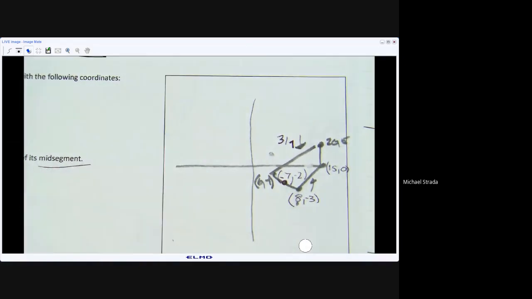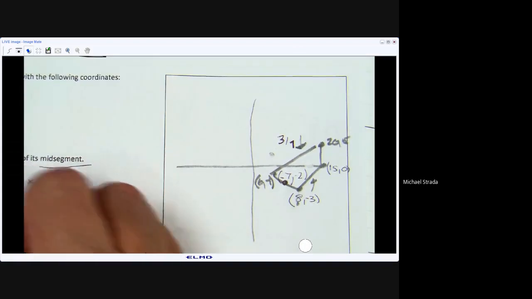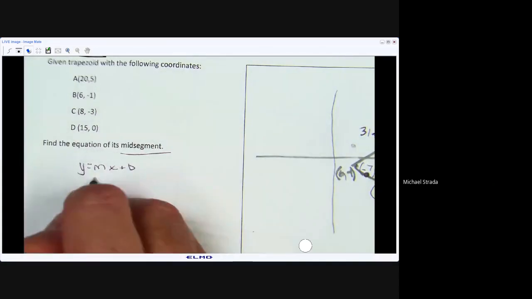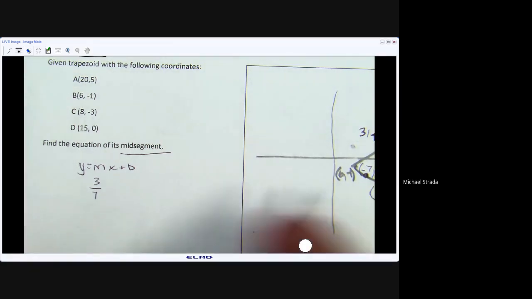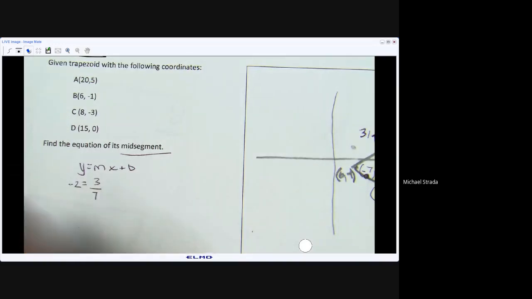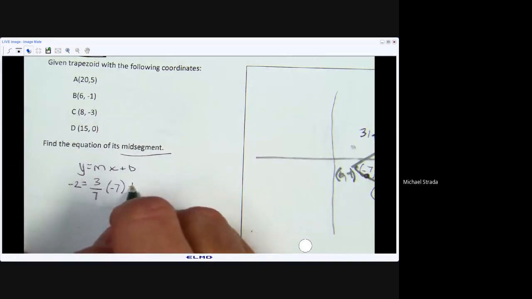But now we've got to find the equation of its midsegment. Y equals mx plus b. All right. M is the slope of either side, so the 3/7. The x and y come from the midpoint. So that means y is -2, and x is 7, plus b.